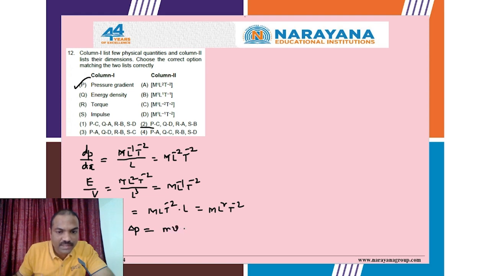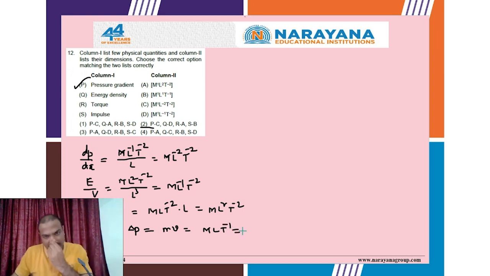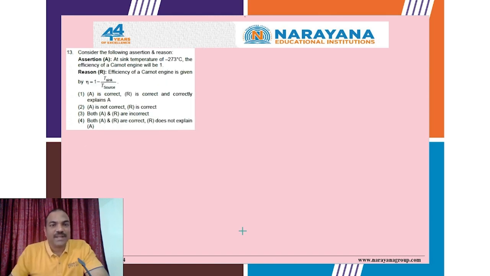So ultimately the dimension will be that of momentum, mass into velocity, so M into L T power minus 1. So M L T power minus 1, which is nothing but S to B. As I told you, with the first two things only we have identified the option, that is the second option.